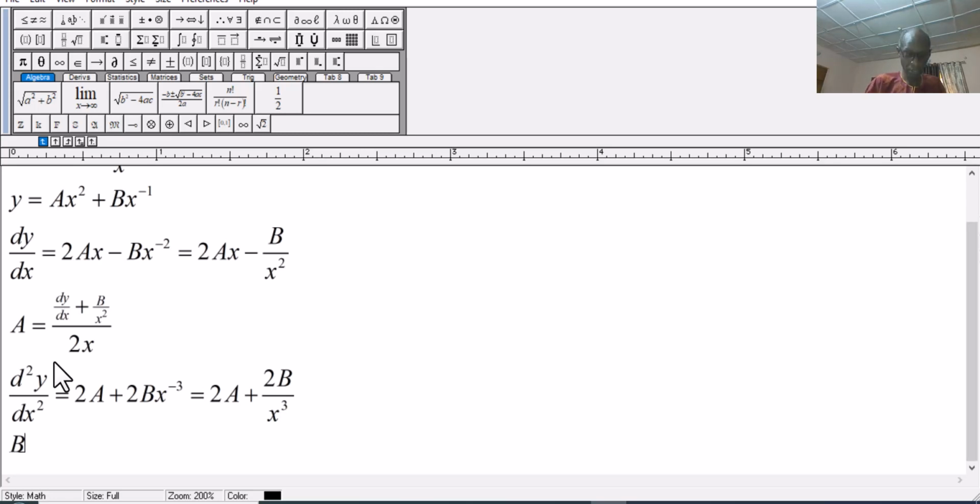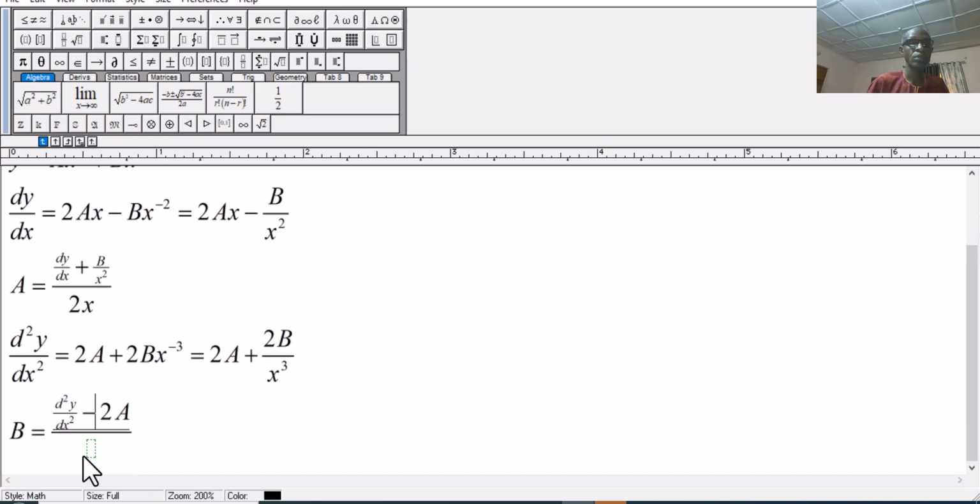So you have b equals d2y over dx squared minus 2a, and this will now be multiplied by x cubed, all over 2.